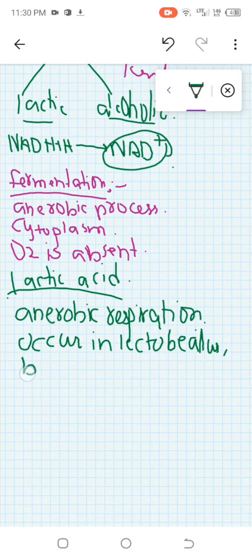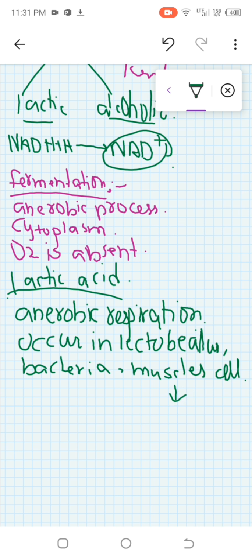Why muscle cells? Because sometimes the oxygen in the muscles is not present as much as it is required, so lactic acid fermentation takes place. This occurs in the cytoplasm.